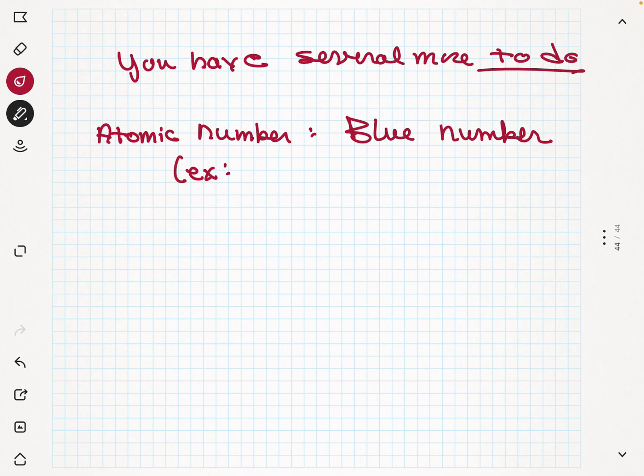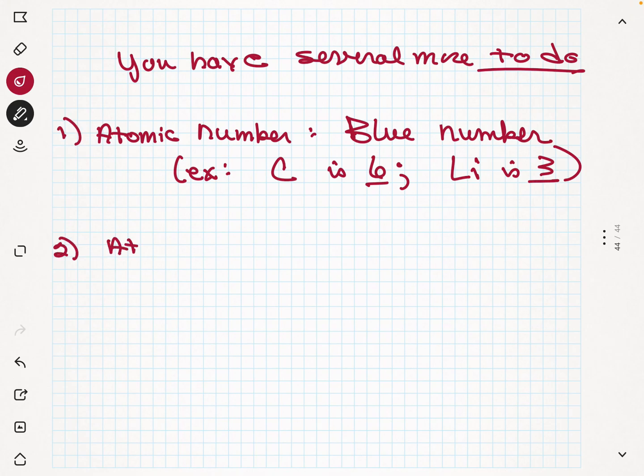An example, carbon is 6. And lithium is 3. That's one hint. Second hint, atomic number always equals the protons.